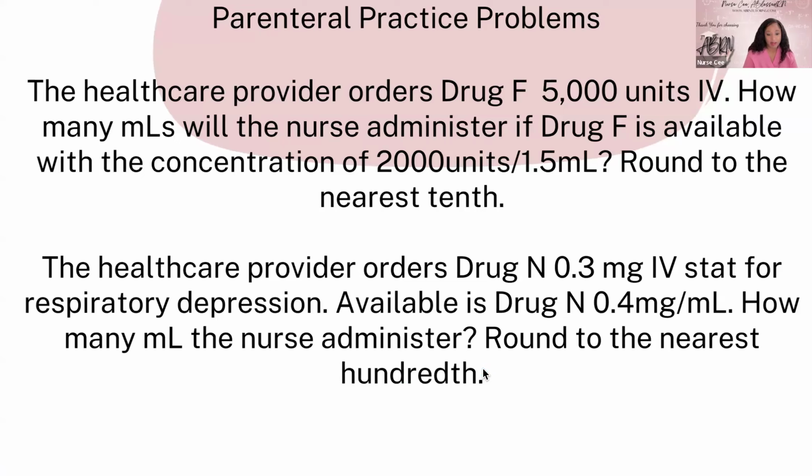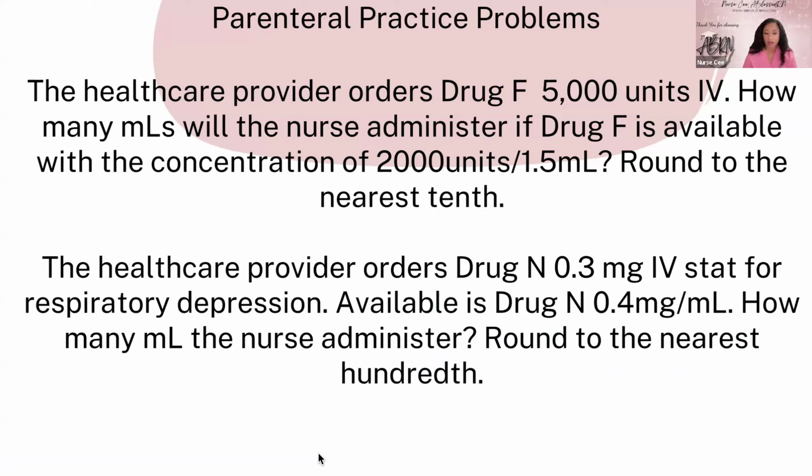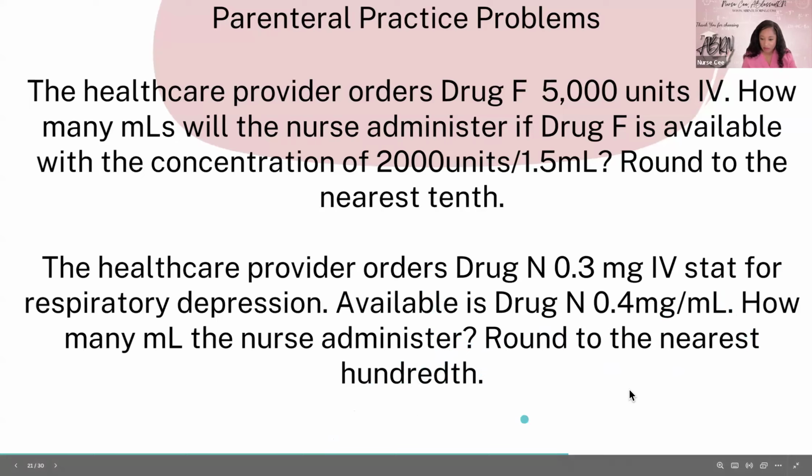How many milliliters will the nurse administer? Round to the nearest hundredth. Okay, so we're rounding to the nearest hundredth. So what is our goal that we're going to be looking for? How many milliliters, correct?